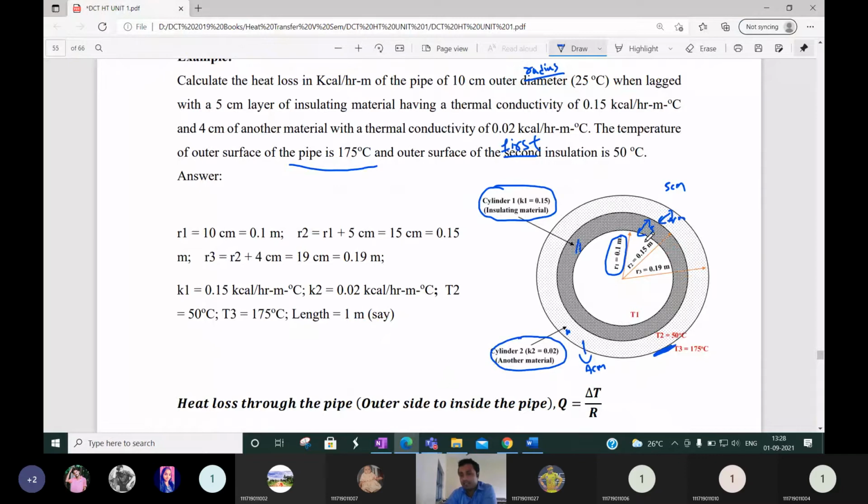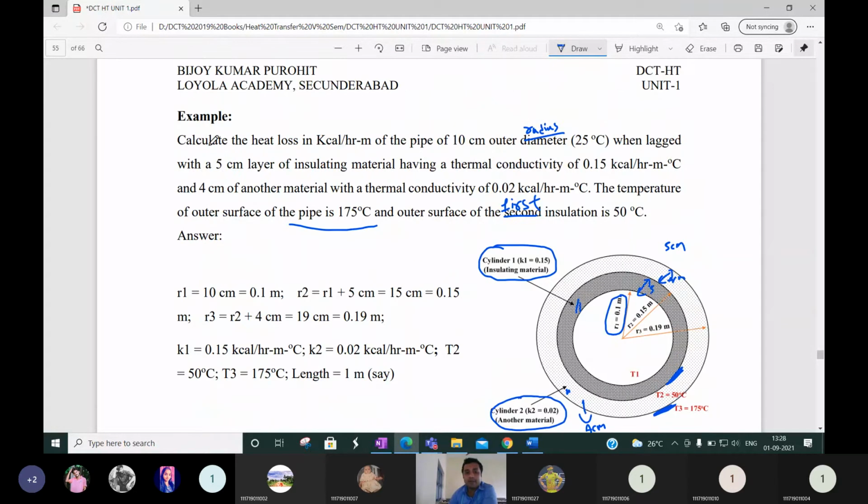Please read the question. This is the first insulation, so this inside surface temperature is given as 50 degrees centigrade. What is asked is that you have to calculate the heat loss. Let me draw the diagram.